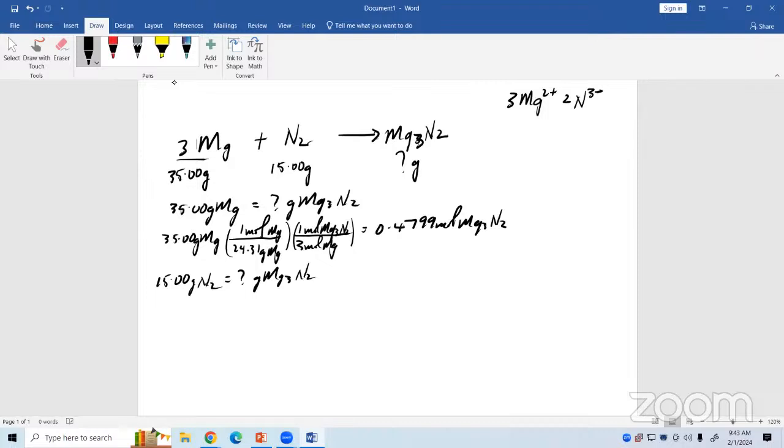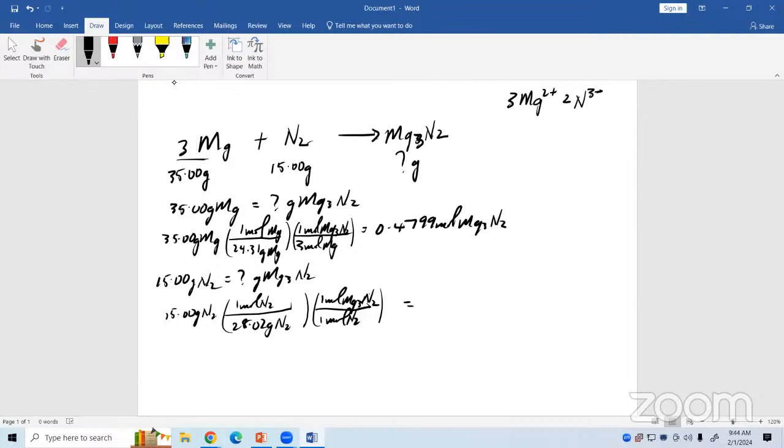So in this case, I would start off with 15.00 grams of N2. I would convert that to moles. So that would be 1 mole of N2 divided by 28.02 grams of N2. And then I would multiply this by 1 mole of Mg3N2 divided by 1 mole of N2, because of the 1-to-1 mole ratio between those 2 compounds.